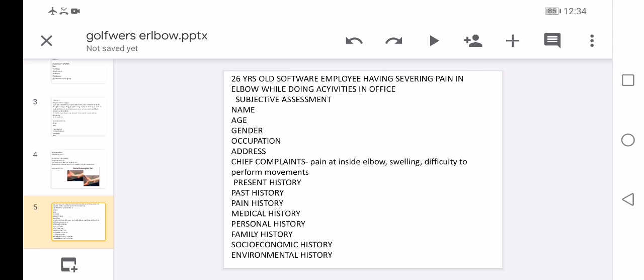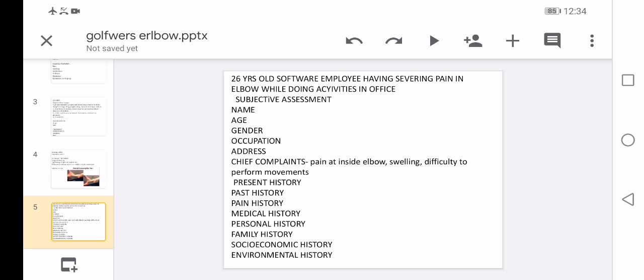I have a case: a 26-year-old software employee having severe pain in the elbow while doing activities in the office. In the subjective assessment, you take the name, age, gender and occupation, software engineer.